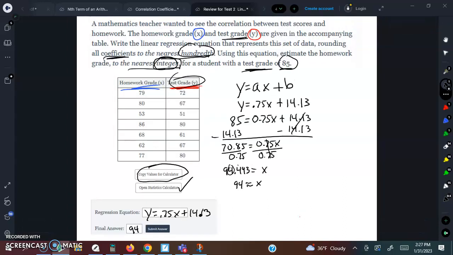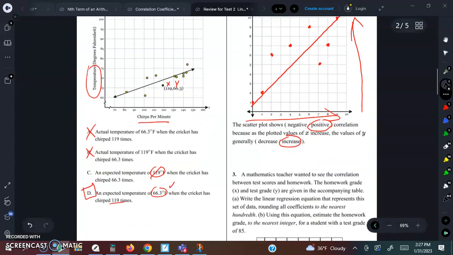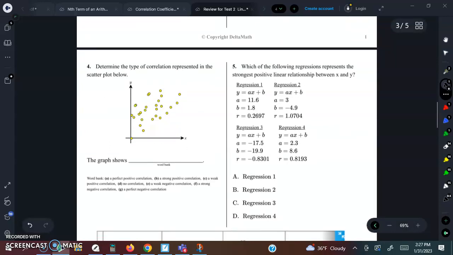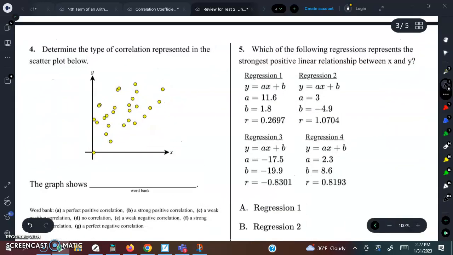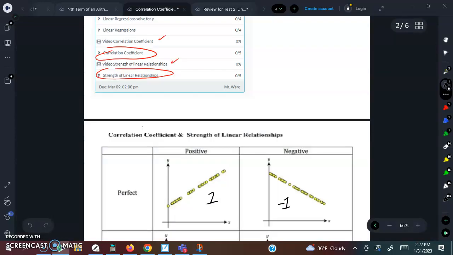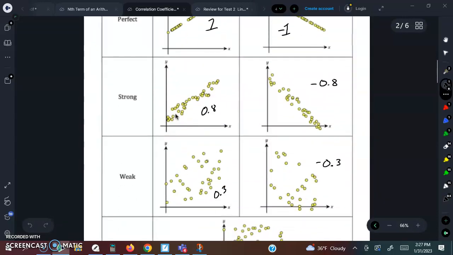Alright, let's take a look at a few more problems here. Alright, so now we're going to take a look at correlation coefficient. If I can find the right question here, right here.